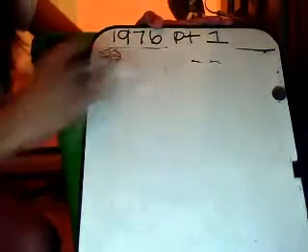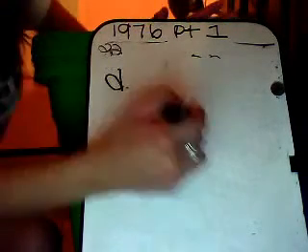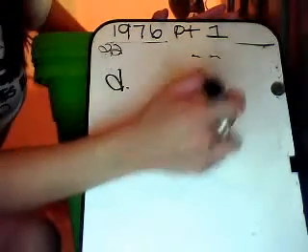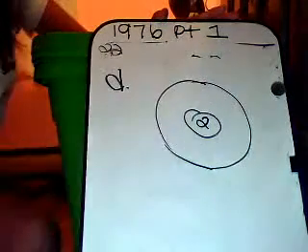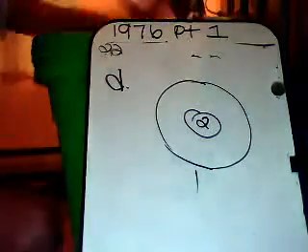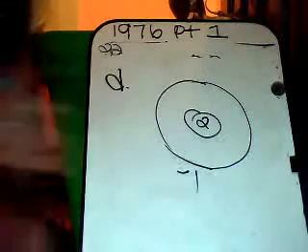Okay, lastly, d. When you think of the final distribution of the spheres, you know that the inner has a charge of 2, and the outer has a charge of negative 1, I'm sorry.